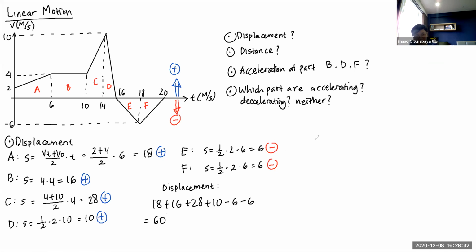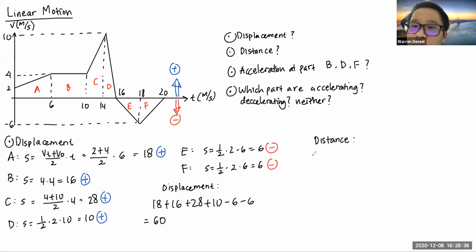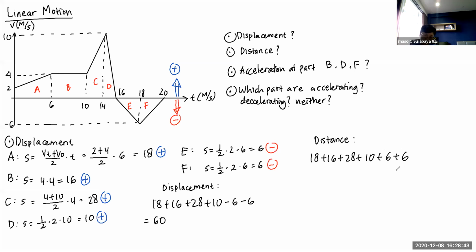And then what about distance? That would mean it would be plus 6 plus 6. So that would mean it would be 72. No, I think it's not. I think it's 84.